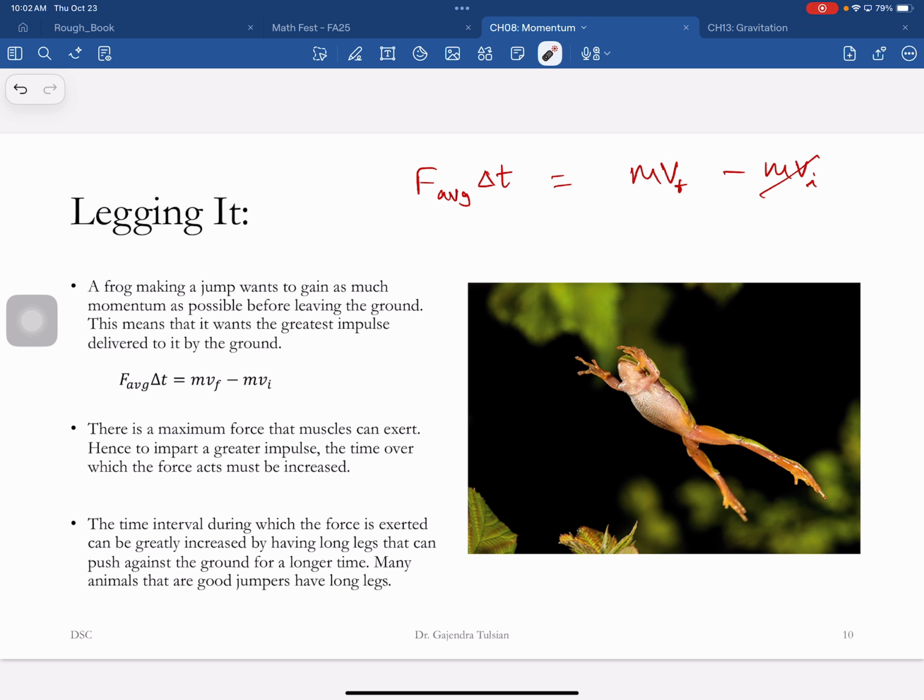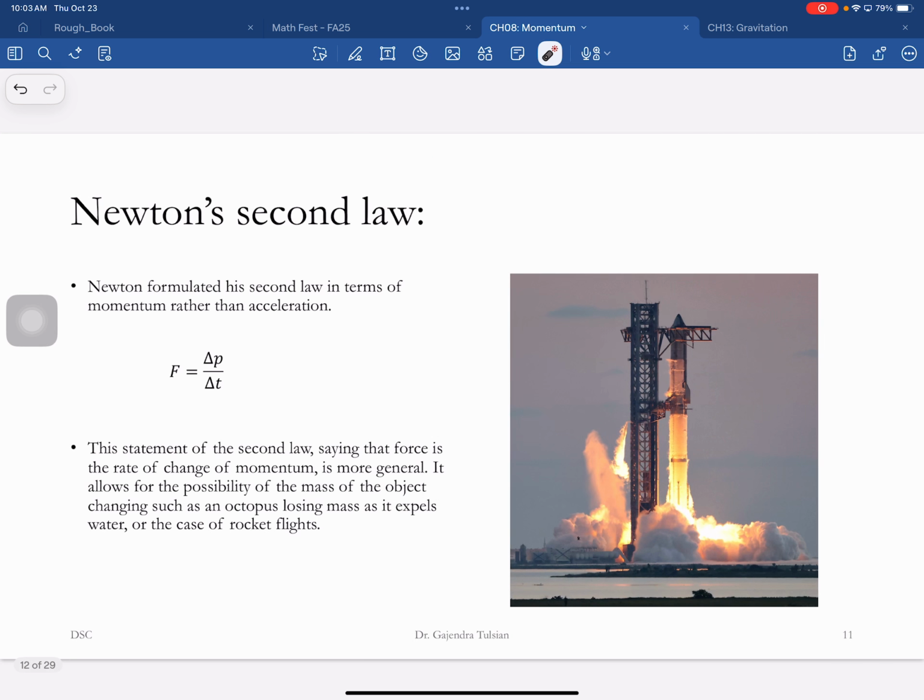The time interval during which the force is exerted can be greatly increased by having long legs that can push against the ground for a longer time. So many animals are good jumpers and have long legs. Frogs have long legs. Any other animals you can think of? Kangaroos, they can jump high, and their rear legs are much longer, and so on.